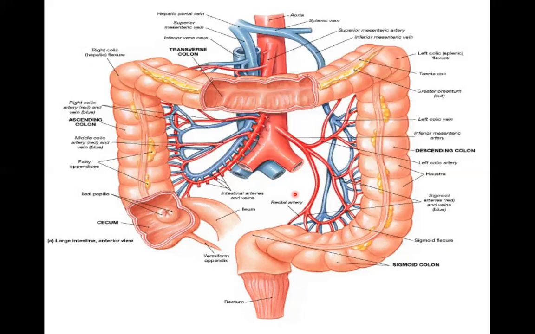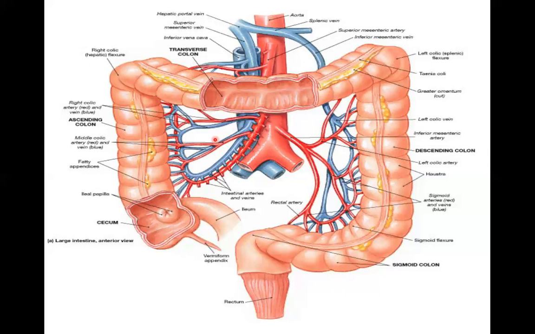Regarding the blood supply, since we came to it, let us mention it fully. The arterial supply of the large intestine, because we have the midgut and hindgut, is from both: the midgut by the celiac and superior mesenteric, and the hindgut by the inferior mesenteric.